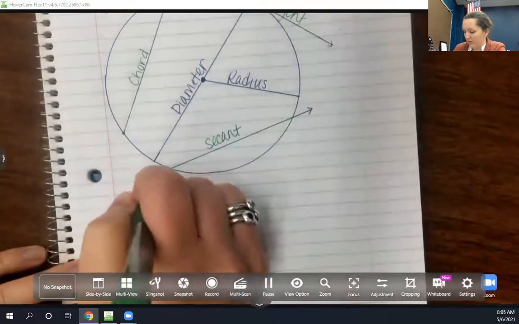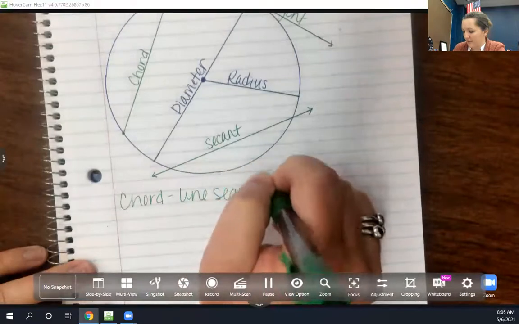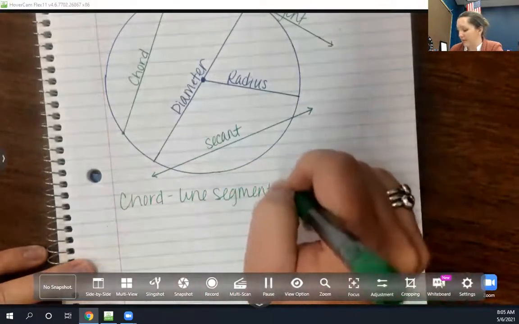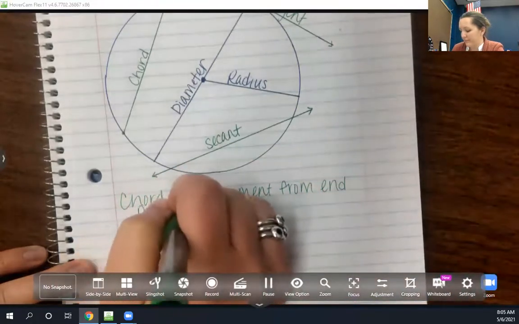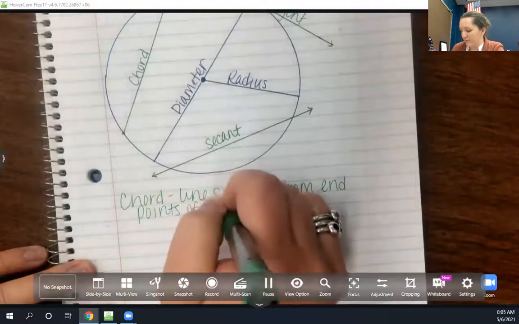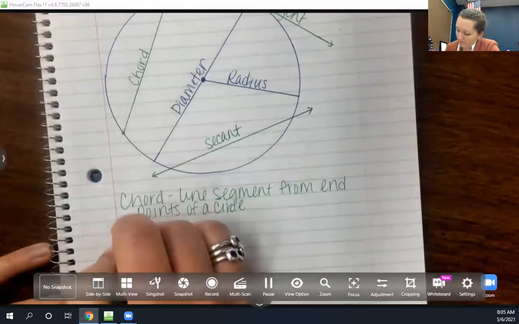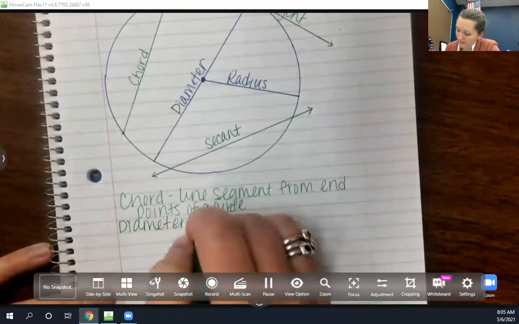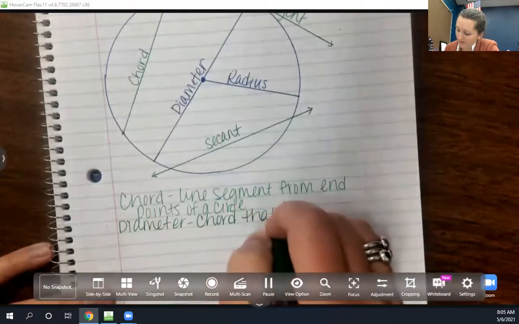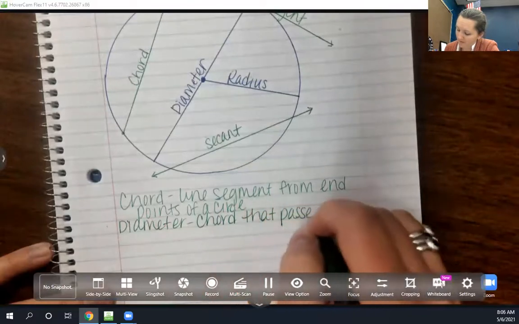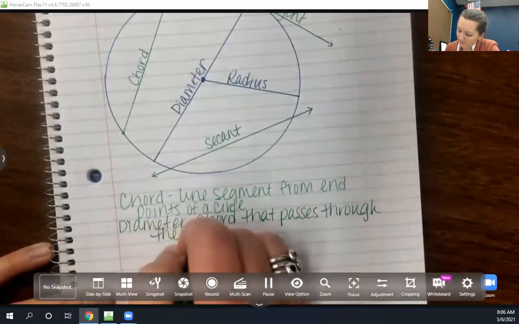A chord is a line segment from endpoints of a circle. A diameter is a chord that passes through the center.